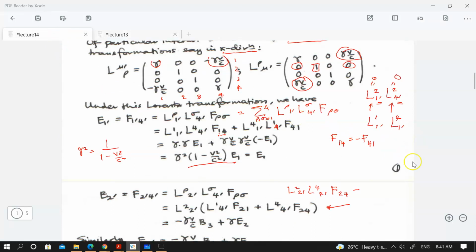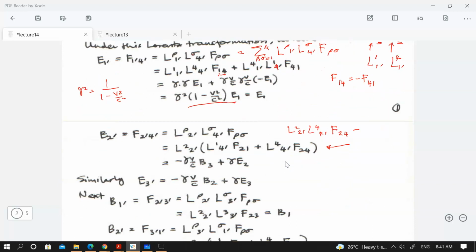So what we have over here is F21 will be minus, it's not moving. Okay. F21 is your minus B3 over here, and F24 is your E2. Now something is now beginning to look different from the one earlier. The earlier one is that your first component of electric field does not change under change of reference frame.